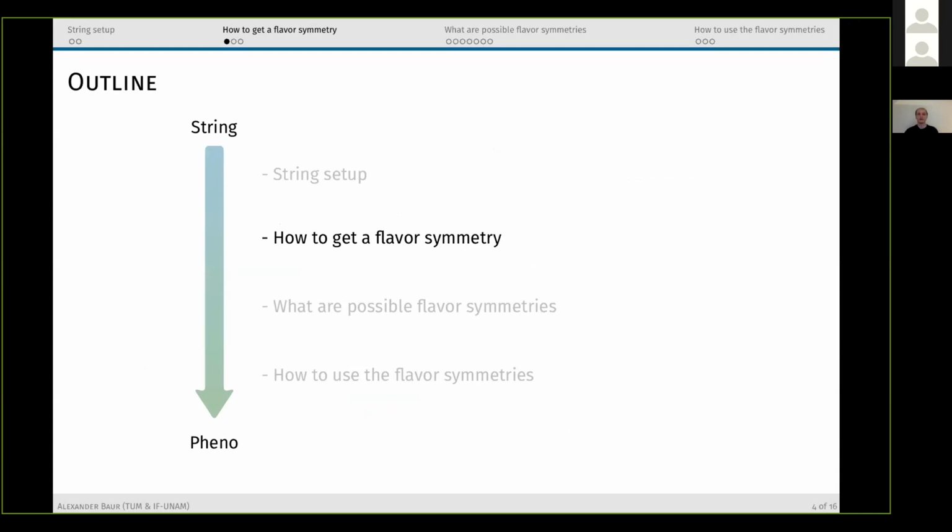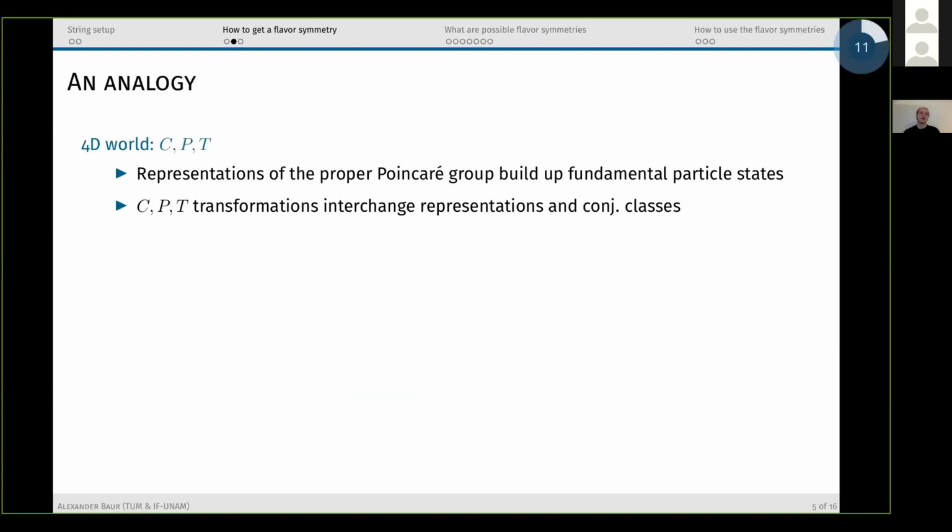For explaining that, I want to start with an analogy. Namely, in our 4-dimensional world, we know that the fundamental particle states are built from representations of the proper Poincare group.